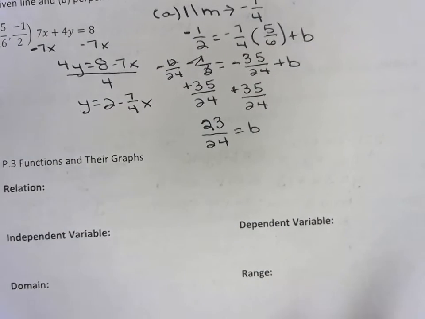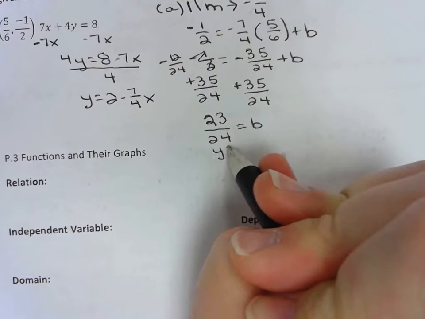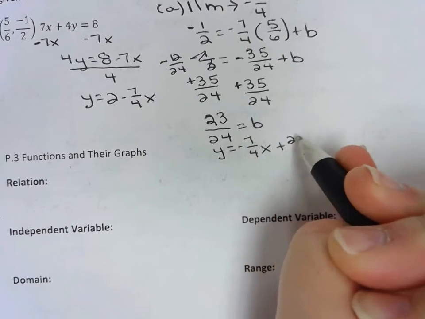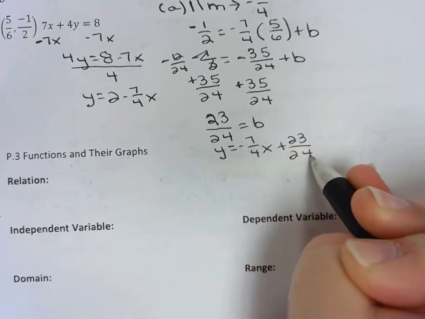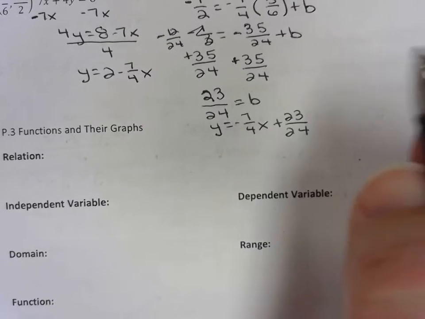This has more work. It's just lots of steps. So if I write it in slope-intercept form, y equals negative 7/4 x plus 23 over 24. But I want it in general form, so I need to move everything over to the left side.